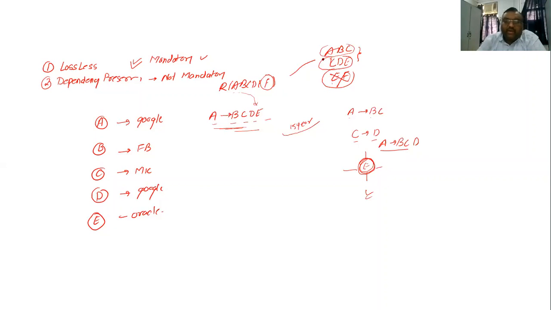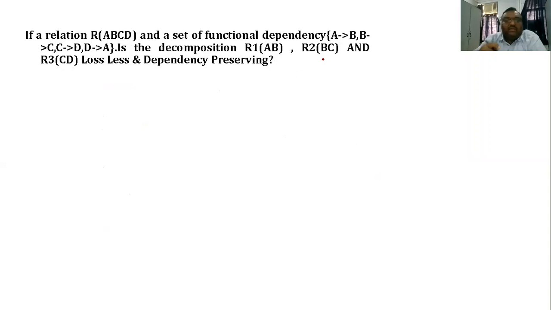Here I'm going to discuss the dependency preserving algorithm. Suppose a relation R(A, B, C, D) is given to you with a set of functional dependencies: A determines B, B determines C, C determines D, and D determines A. The decomposition R1(AB), R2(BC), and R3(CD) is to be checked for being lossless and dependency preserving.